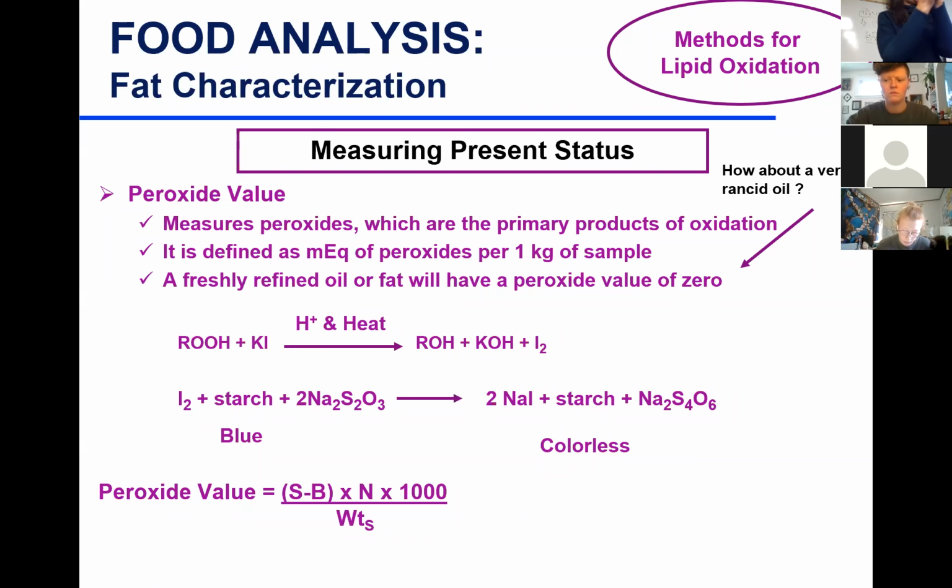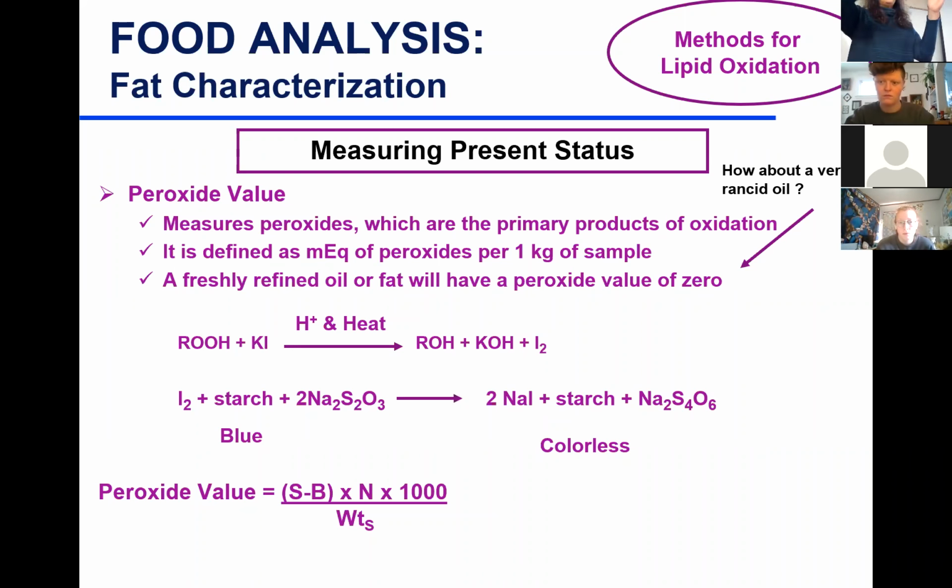Then over time, or if the sample was exposed to oxygen or heat, your peroxide value starts going up. At the same time, secondary metabolites start to occur, so the peroxides start converting to secondary metabolites. At some point, the rate of conversion of peroxides to secondary metabolites will be higher than the rate of formation of peroxide, because all of the oil at some point will be oxidized.